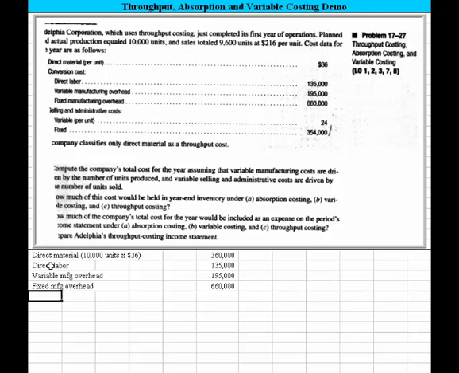Now we need to consider the variable selling and administrative costs. And here we're talking about what? 9,600 units at $24 per unit.